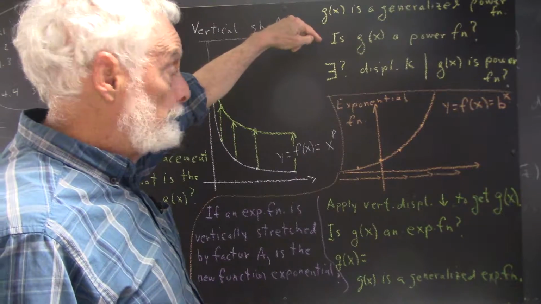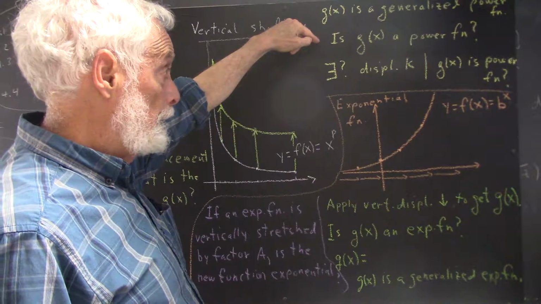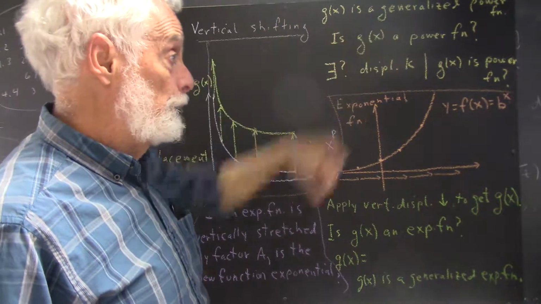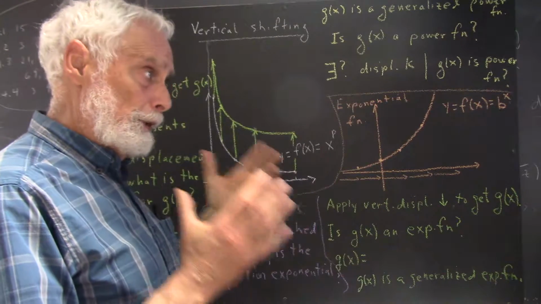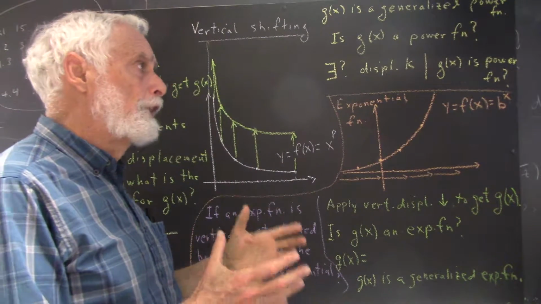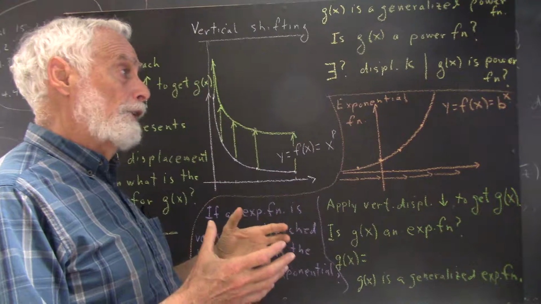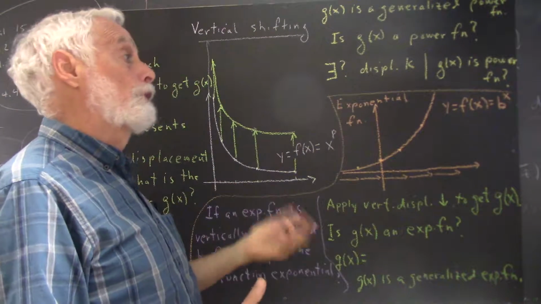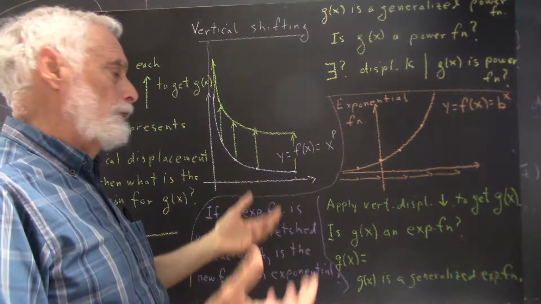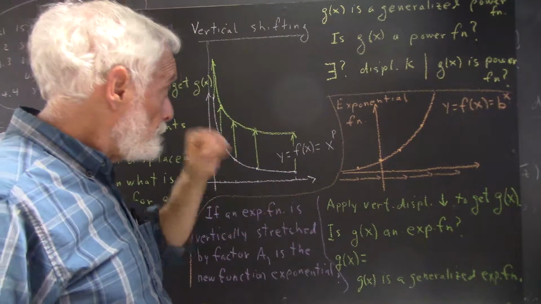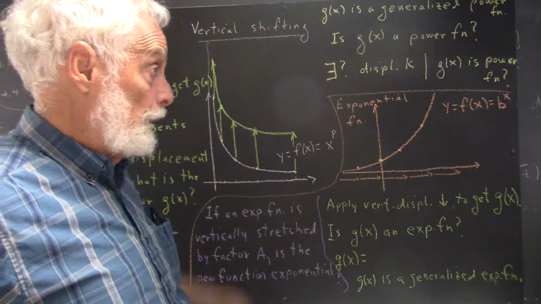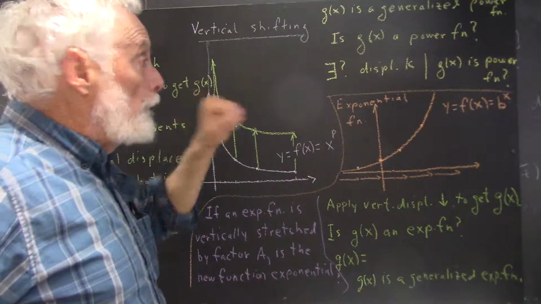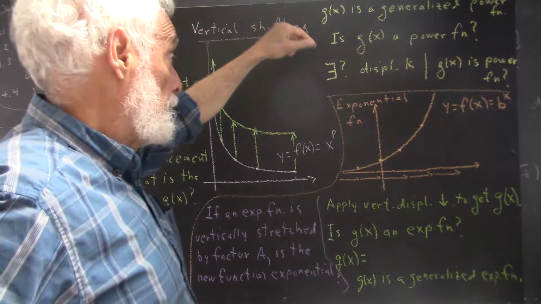So geometrically, can you show whether g of x is or is not a power function? If you can do it algebraically, great, but you're probably not at this stage in a position where you can really handle that question. If you are, then you're doing extraordinarily well. Very unusual that anybody would be able to handle that without a little guidance, and we'll get some of that guidance later.